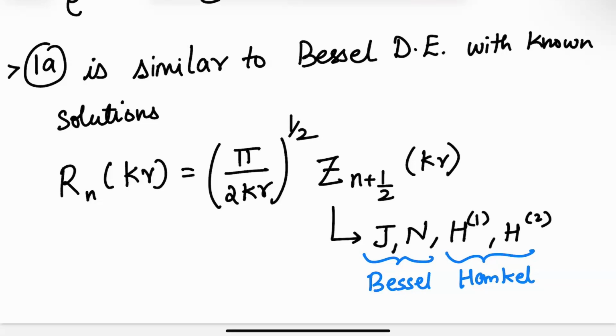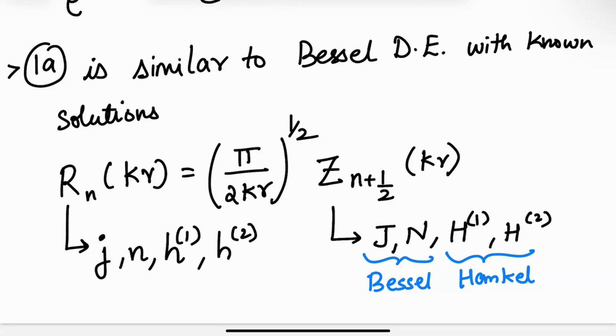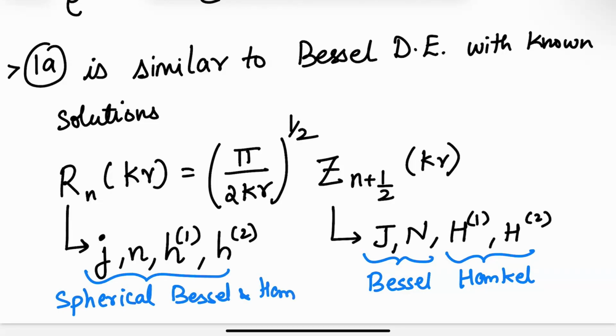So here, this one now is little j, little n, little h1, and little h2, which are spherical Bessel and Hankel functions. They are very similar in behavior to the cylindrical Bessel and Hankel functions.